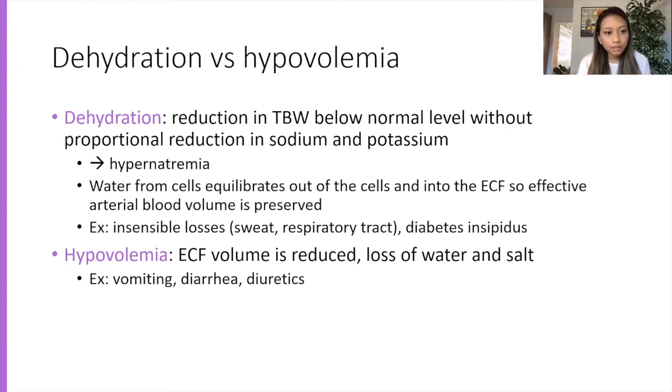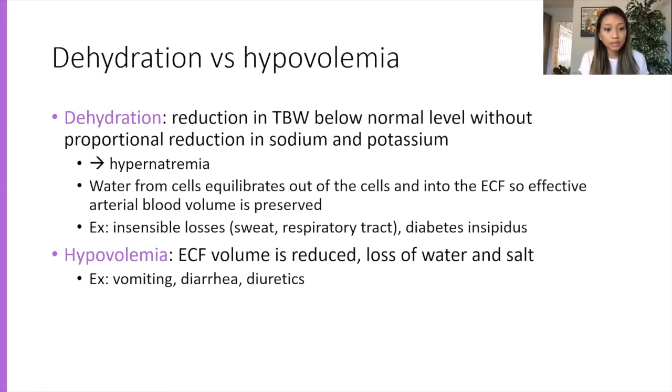So what's the difference between dehydration and hypovolemia? I think this is important to point out because sometimes in my head, I think the two are the same, but they're actually a little different. For dehydration, there's a reduction in total body water below the normal level without a proportional reduction in sodium and potassium. It's what it says, dehydration, just free water loss, basically. It leads to hypernatremia.